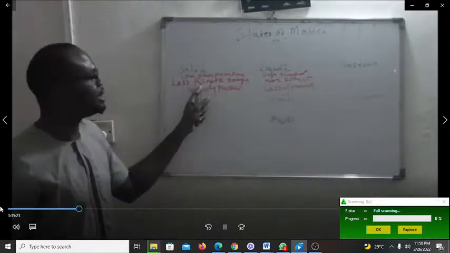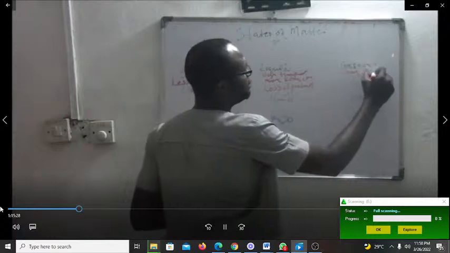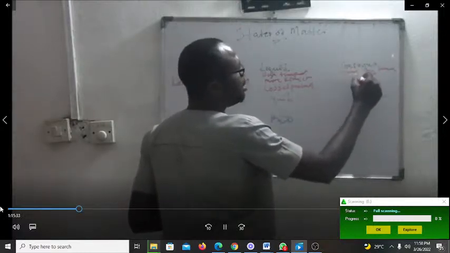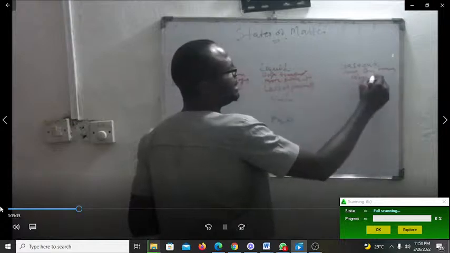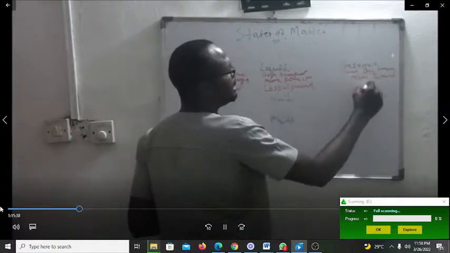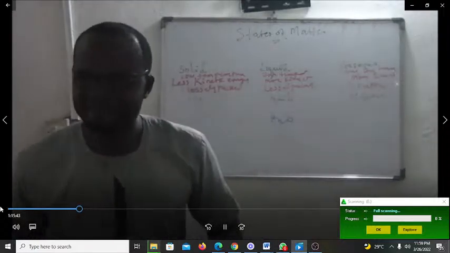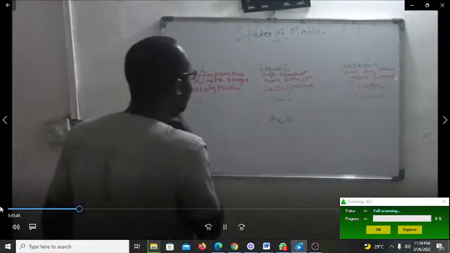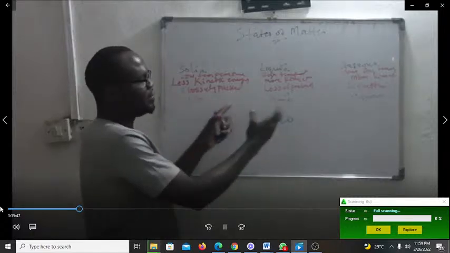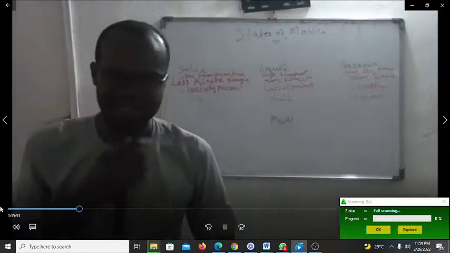But in the gaseous state we have very high temperature. Then there is even more kinetic energy than here, and the particles are scattered. Is that clear? So that's why here we have ice, here we have liquid, and here we have vapor. Is that clear?